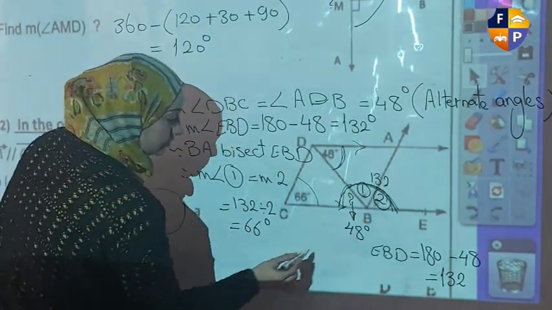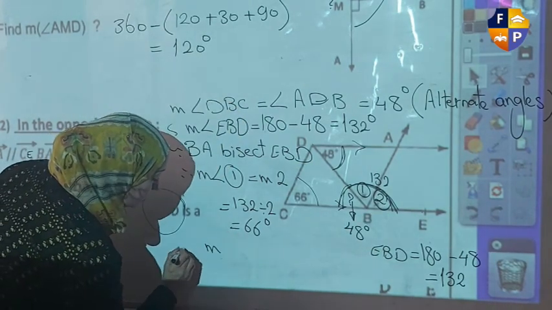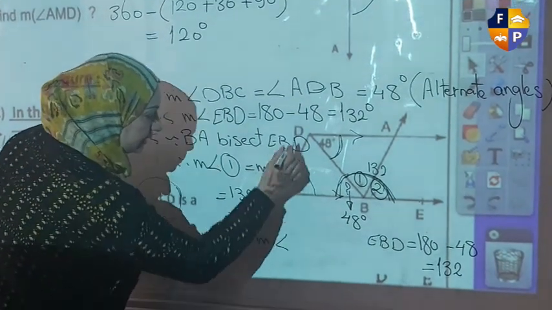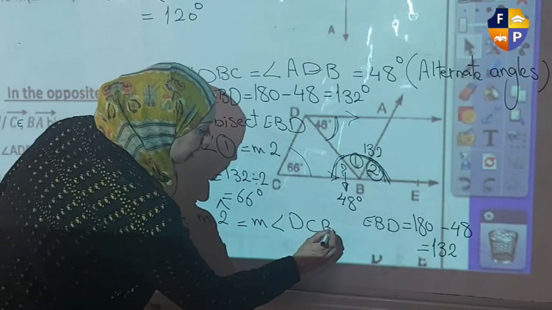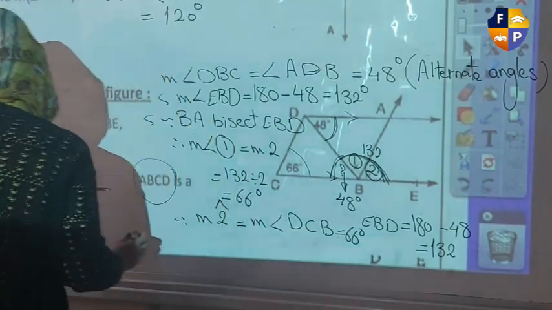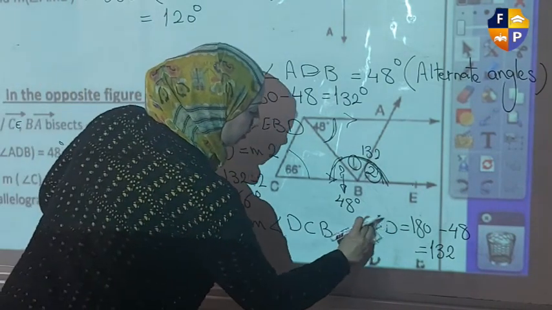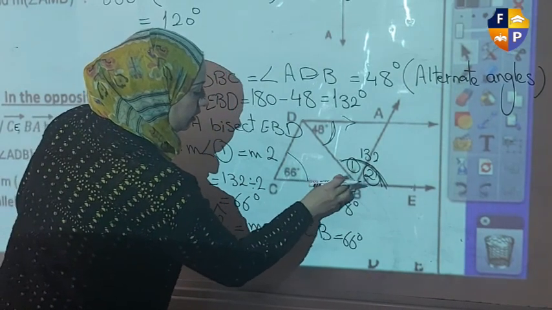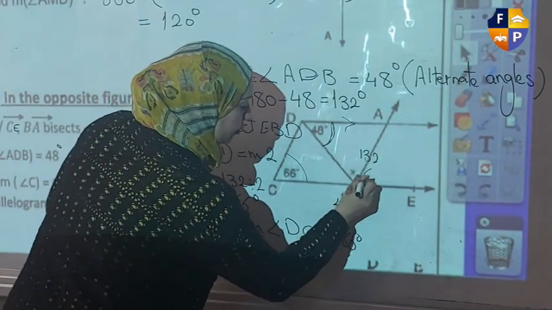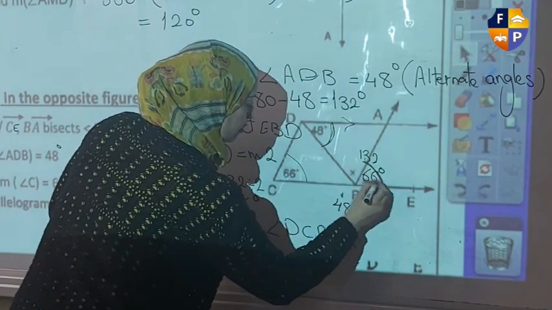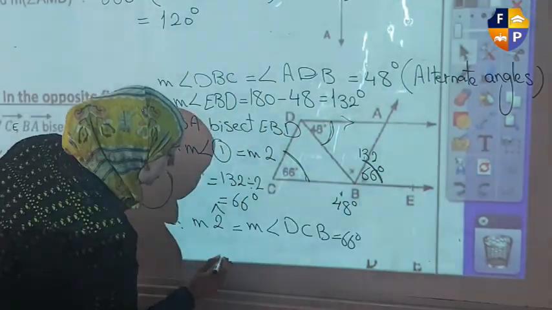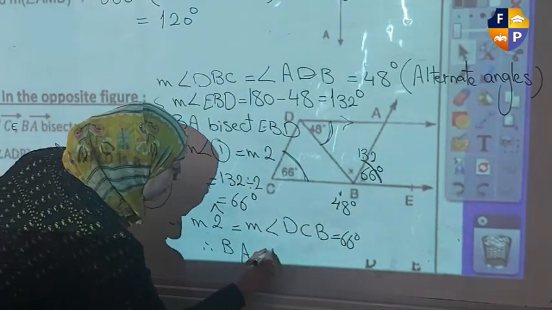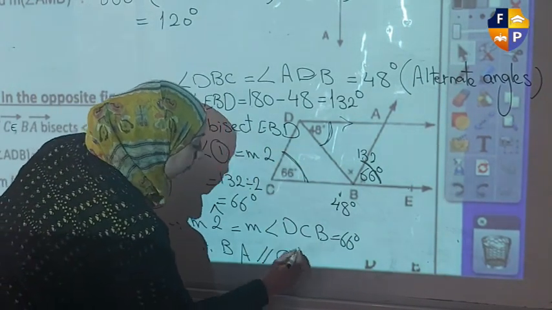Do note that since measure angle 2 equals measure angle DCB equals 66, okay, here 66, here, then BA is parallel with CD.